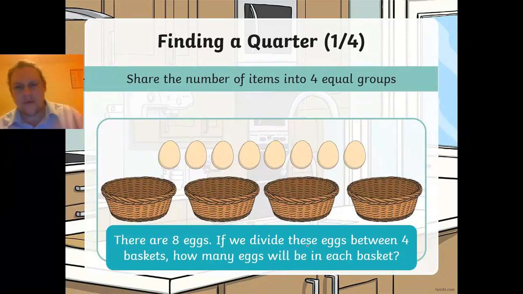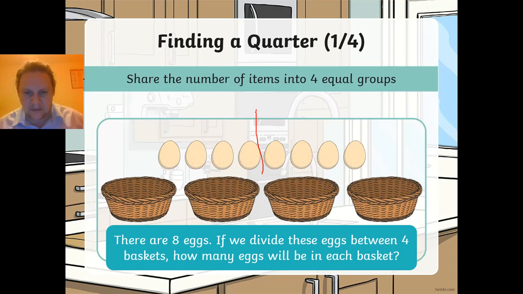Okay, share the number of items into 4 equal groups. There are 8 eggs. If we divide these eggs between 4 baskets, how many eggs will be in each basket? Can we see here already how we can use our half and half again to work this out before we even move the eggs?